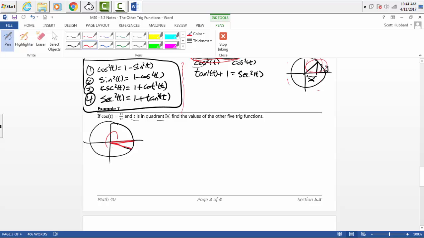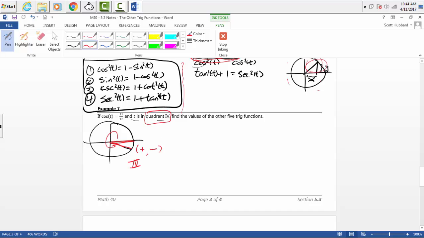I don't know what the x and the y values are, but I can at least say if they're positive or negative. In quadrant 4, the x value is going to be positive, and the y value is going to be negative.